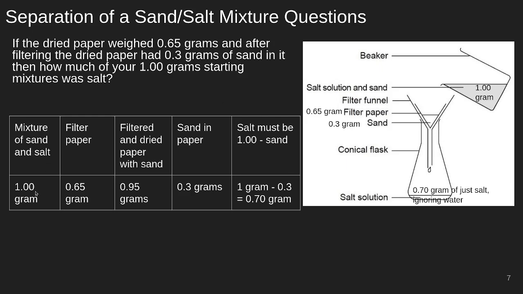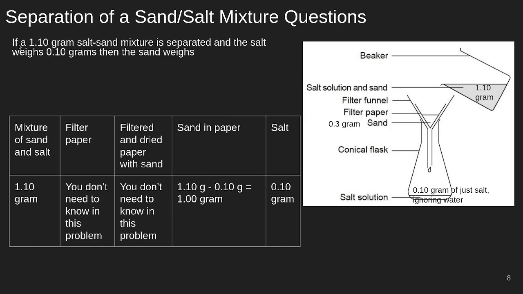Mixture of sand salt 1 gram, filter paper again 0.65. It said the paper has 0.3 grams of sand in it. So if the paper has 0.3 grams of sand in it and we started with 1, that means we should have 0.7 grams of salt in it, because 1 minus the sand, which is 0.3, is 0.7 grams of salt.